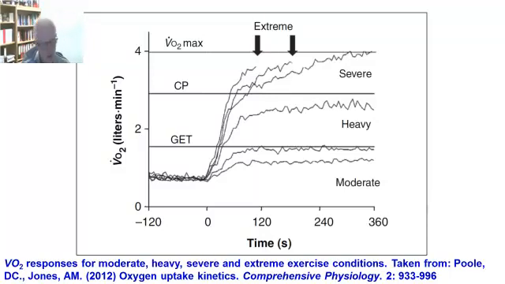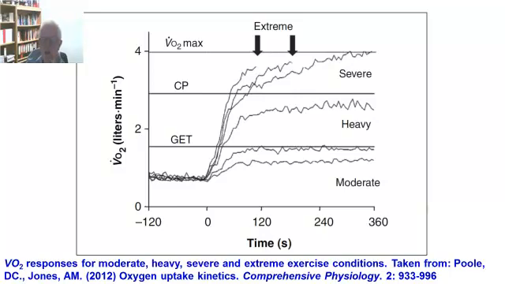So if we are exercising between gas exchange threshold and critical power, notice what happens. The deficit is bigger because the intensity has gone up. But can you also notice that the VO2 actually takes longer to reach steady state? I would say that if you look at the moderate domain trials, it's at about 120 seconds that they've both pretty much leveled out.